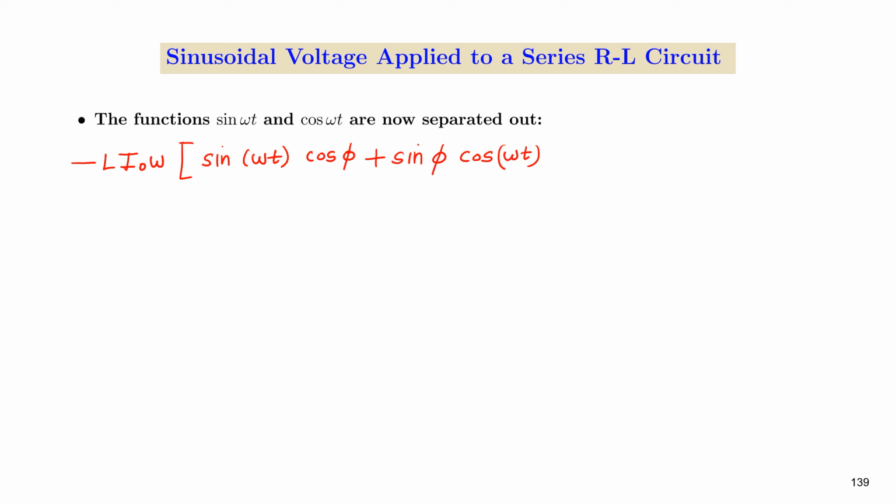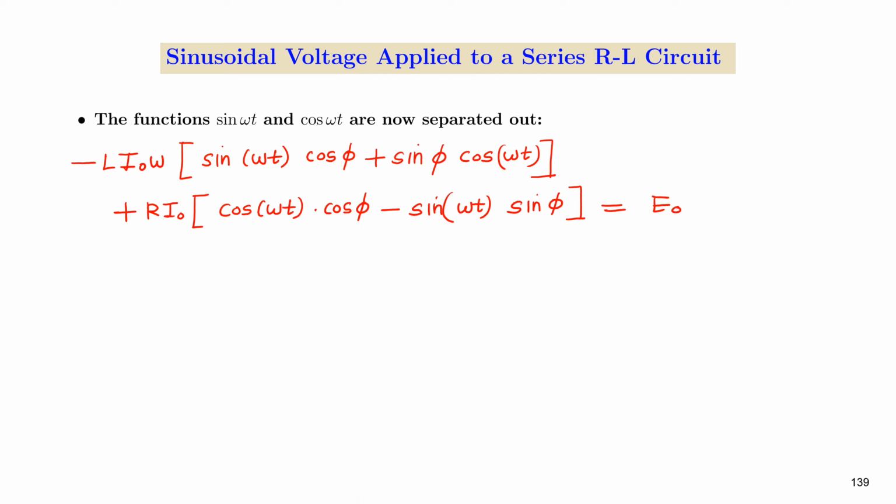So this is the expansion for sine(omega t plus phi). And then R I0, then we are going to expand cos(a plus b), that is cos(omega t plus phi), that is cos omega t multiplied by cos phi minus sine omega t multiplied by sine phi. This is equal to E0 cos omega t.